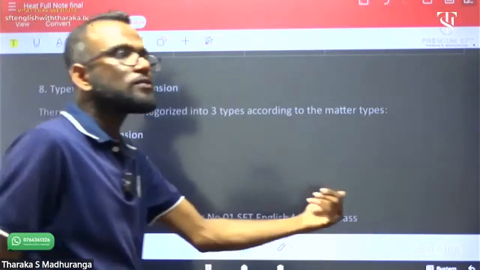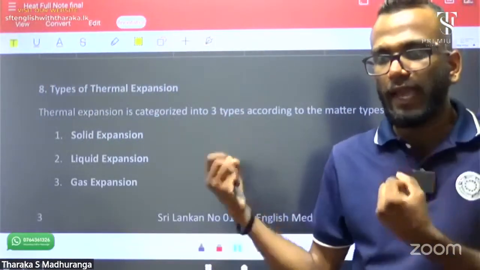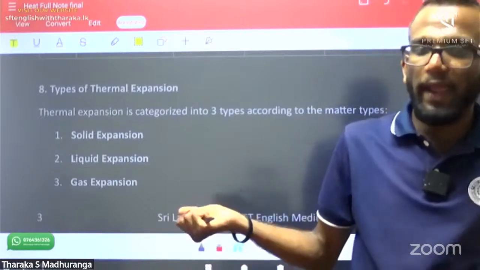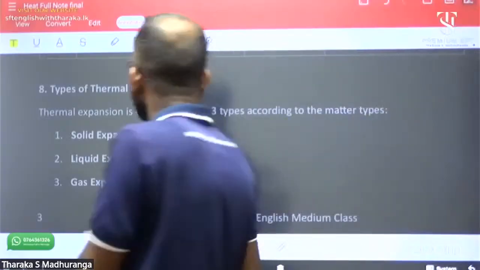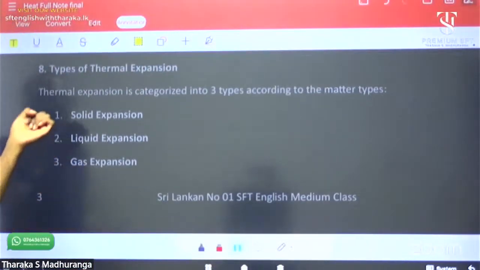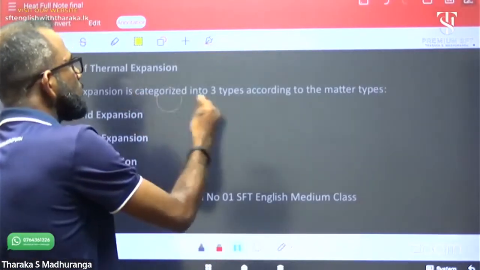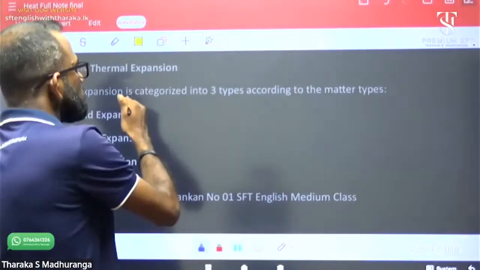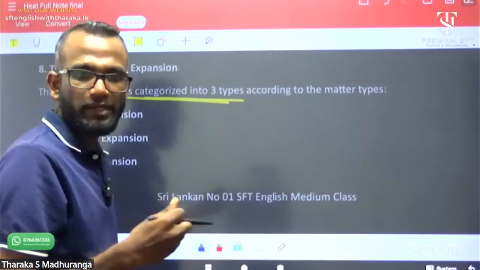Okay, now you know all materials, solid, liquid and gases, are expanding. All materials are made of molecules, therefore all materials are expanding. According to that, thermal expansion can be categorized into three main types according to matter type.